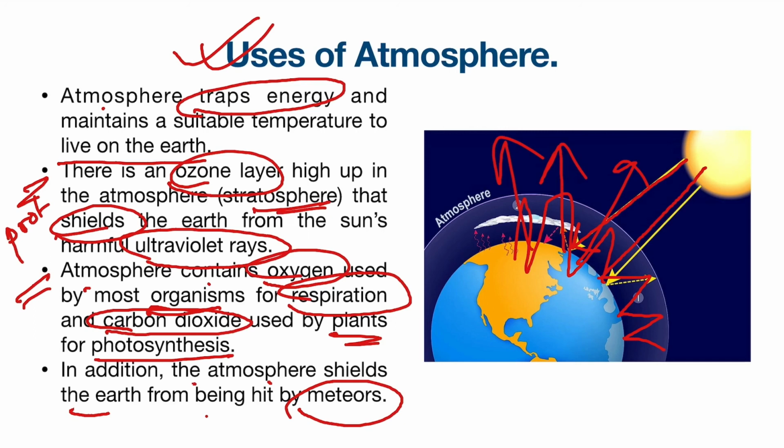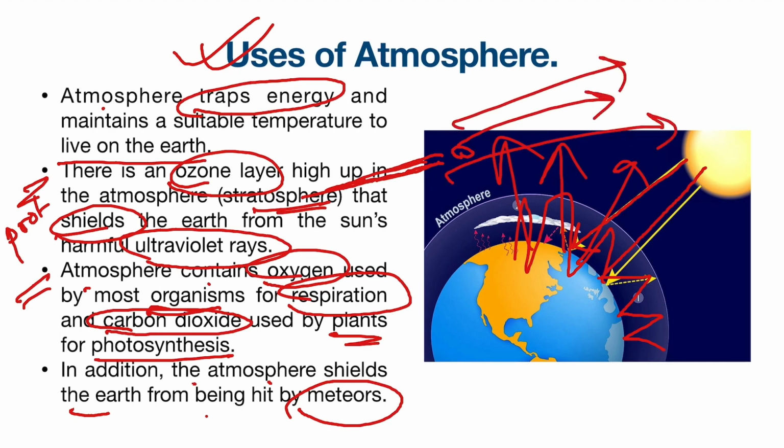Meteors are rocks that are present in space, outside. You may have seen in movies these rocks with a trail of smoke or fire at the back. So the atmosphere protects us from them, okay.